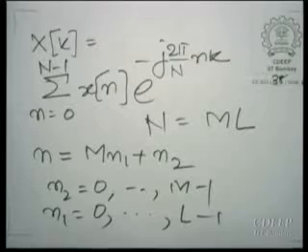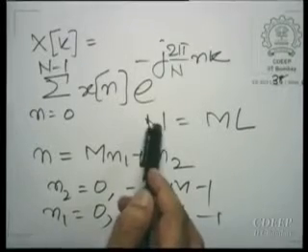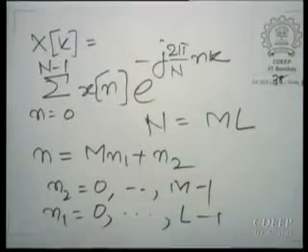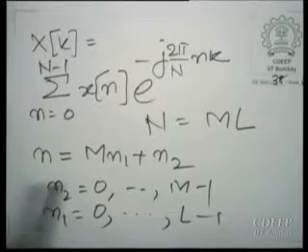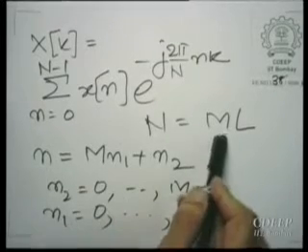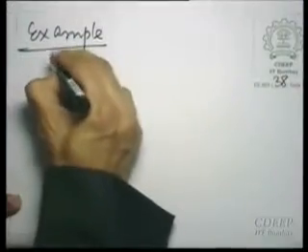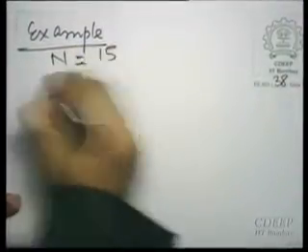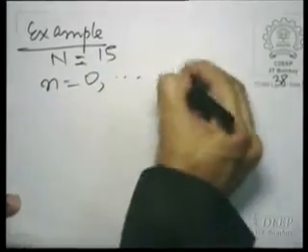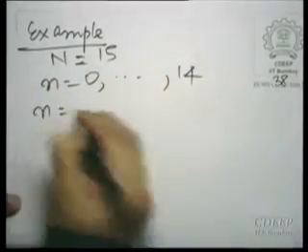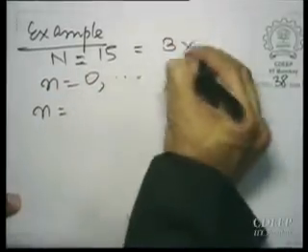So to take an example, if you take capital N equal to 15 here, 15 can be decomposed in two ways. Let's write down the example clearly. N equal to 15, so small n goes from 0 to 14. And you can write it as 3 times 5.